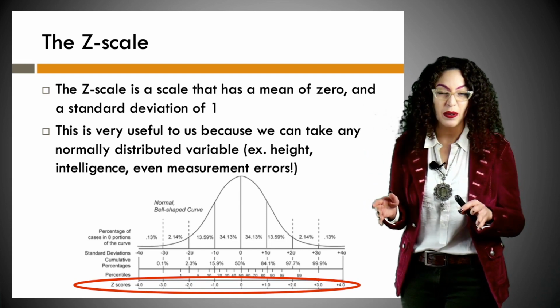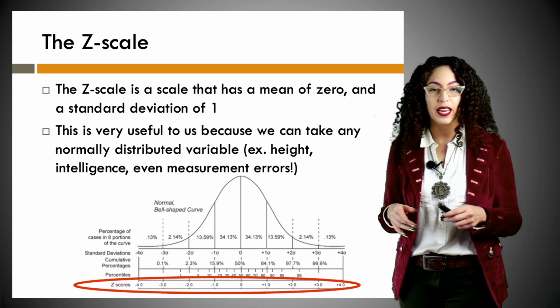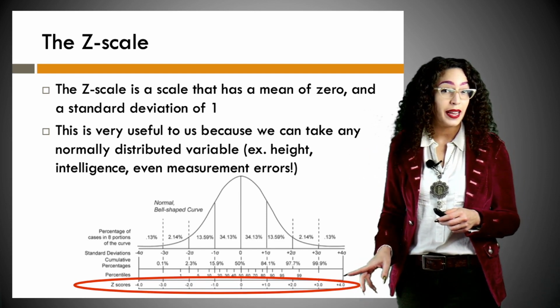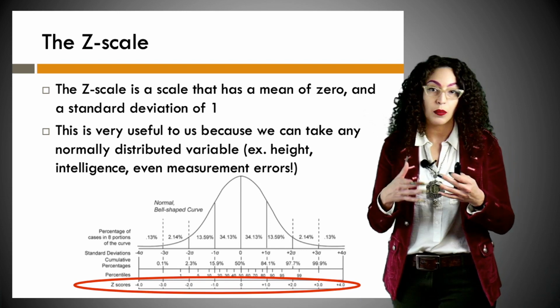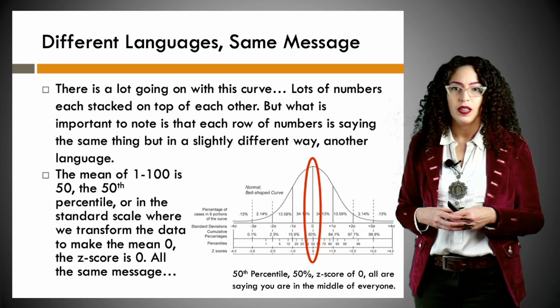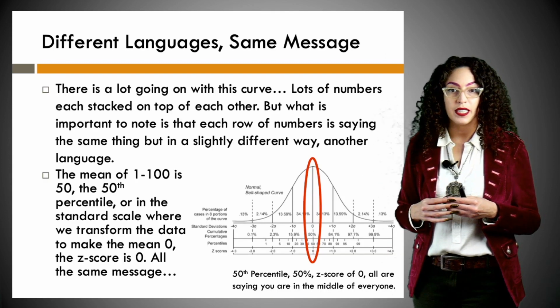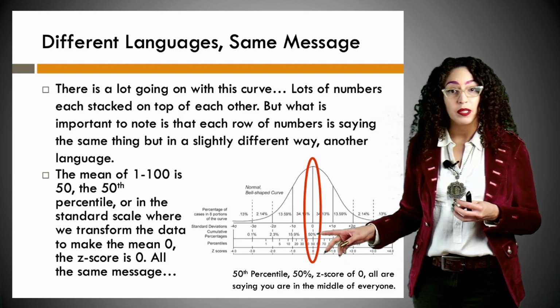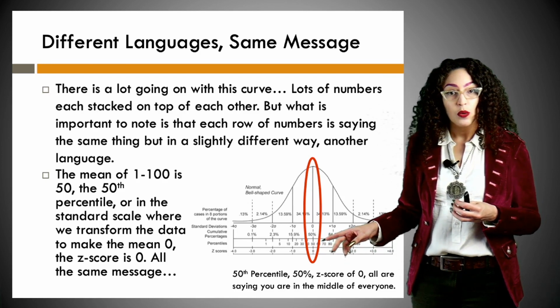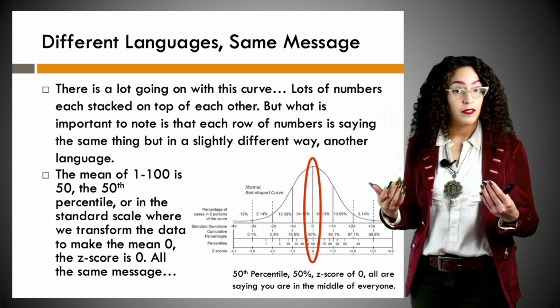This is very useful to us because we can take any normally distributed variable like height, intelligence, even measurement error, which we'll see later, and we can convert it into this standardized scale. And then we don't need to know all the details about whatever the original scale was. We can understand a standardized scale much better than we can understand your specific scale for whatever test it is that you gave out. So if we look again at this curve, we see our mean of 0 for our z-score. If we look at percentiles, we see 50th. What's the average of 1 through 100? 50.